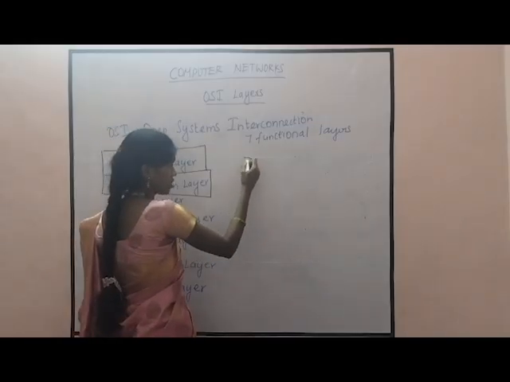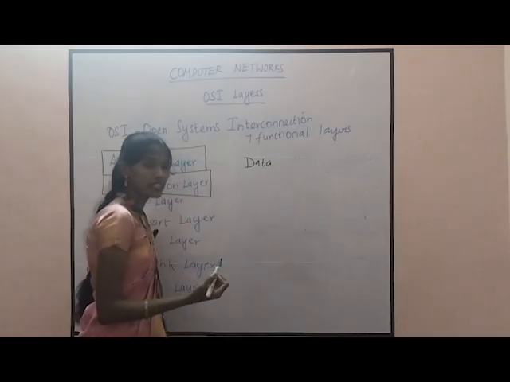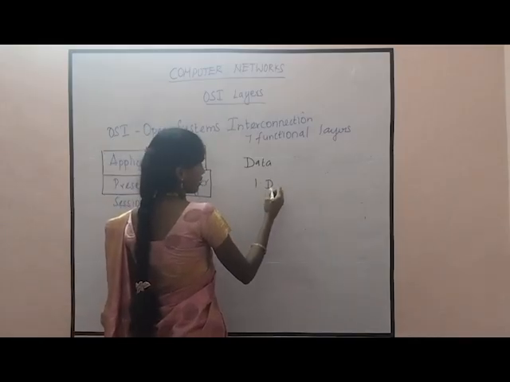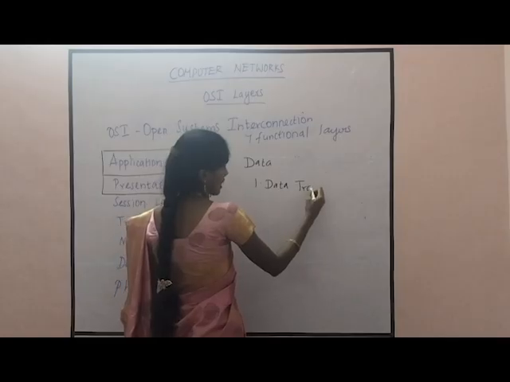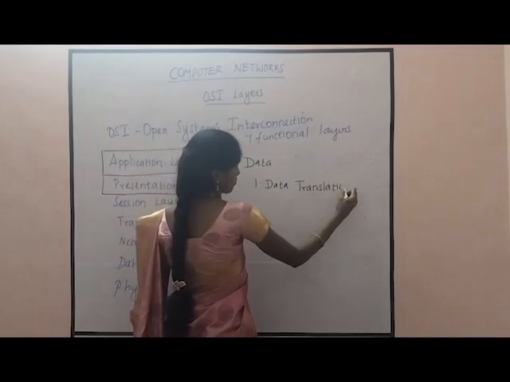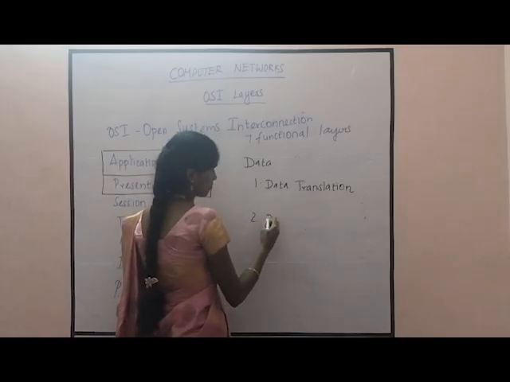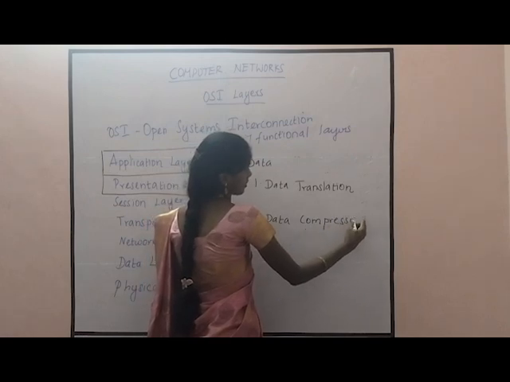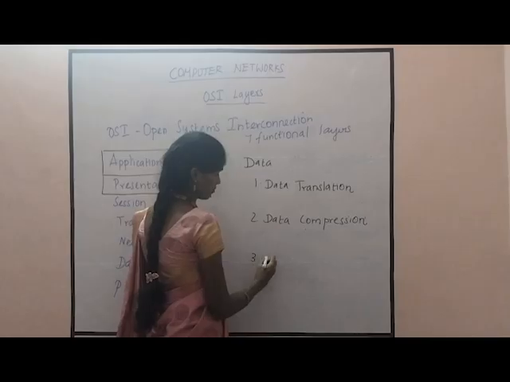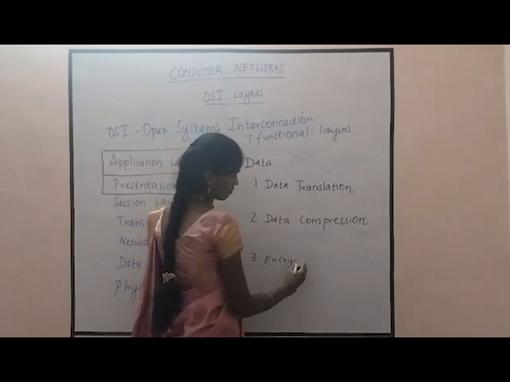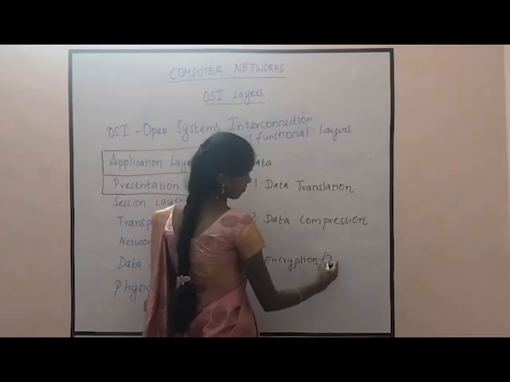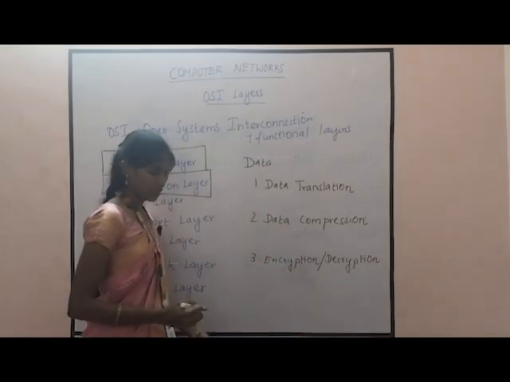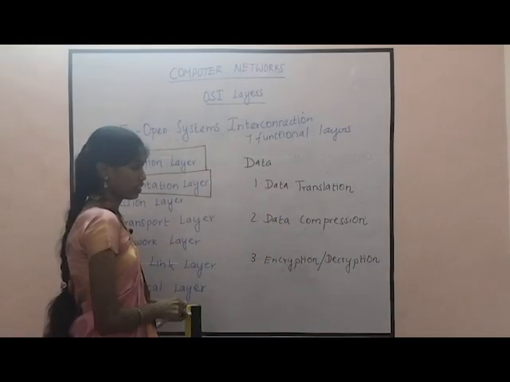Here your information is again called data, and the functionalities are data translation, data compression, and encryption or decryption. Let me explain each one of the terms individually.